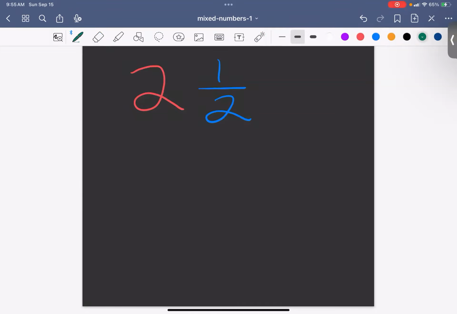So let's say I have two triangles that are completely shaded in. Then I have another triangle that is half shaded in.